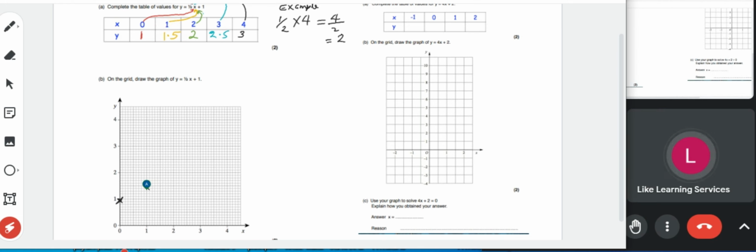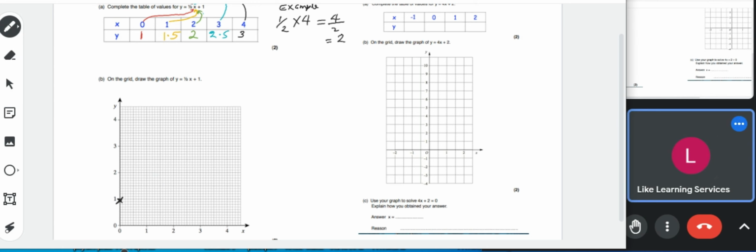Yeah, that's correct, because 1.5 is between 1 and 2. Next, when x is 2, y is 2. Plot.